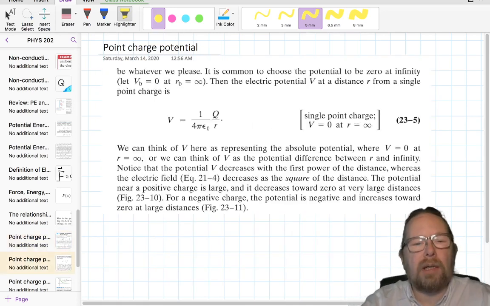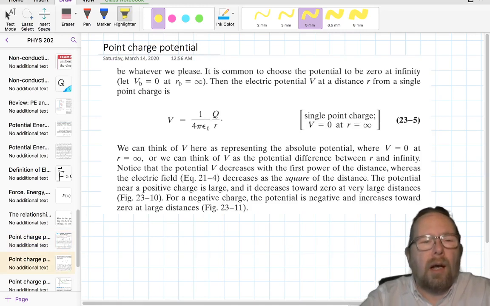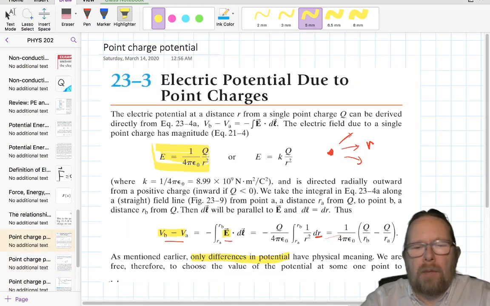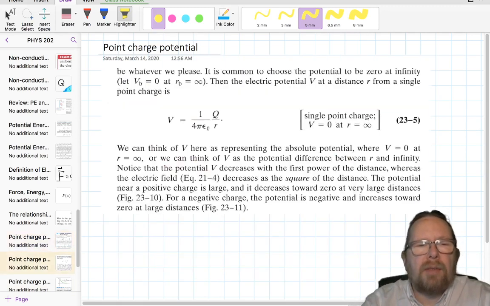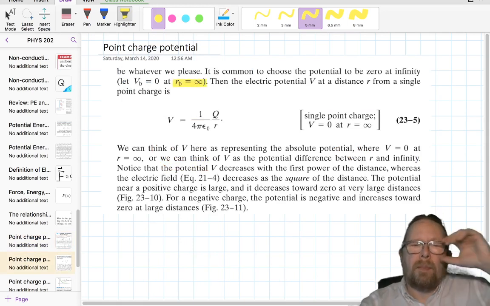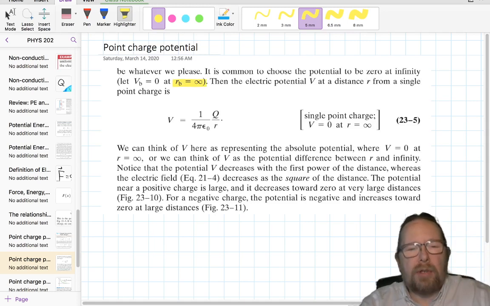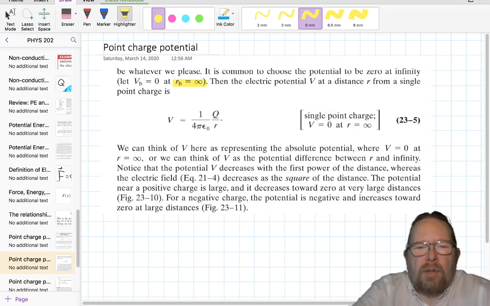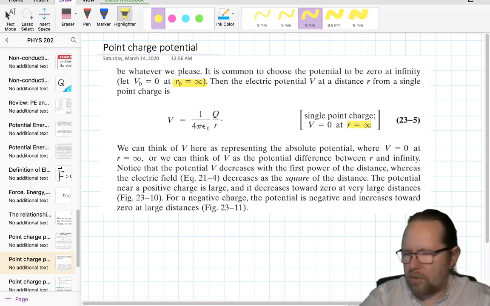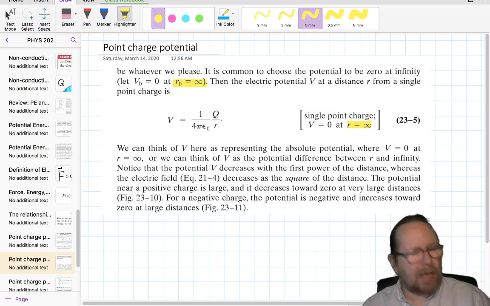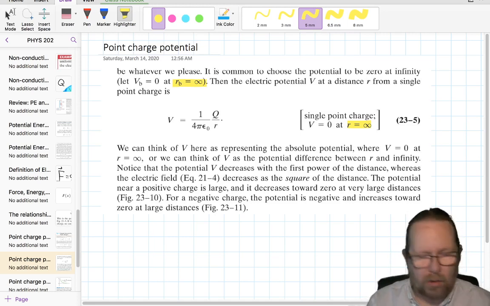The convention for electrical charges, actually, let me go back, is that we want to set one of these potentials equal to 0. The place we choose to set the potential equal to 0 is at r equals infinity. And that is a choice of a 0 potential that is maybe a little strange, but it makes sense if you look at the shape of this potential for a point charge.